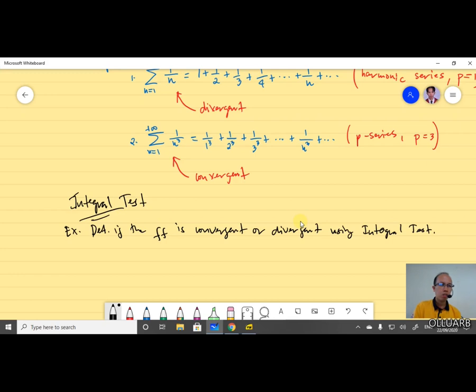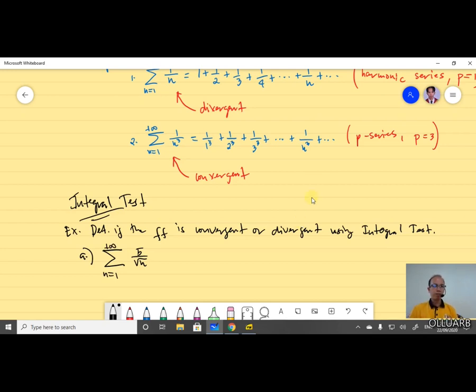Example letter A, we have the summation of 5 over square root of n, where n starts from 1 to positive infinity.